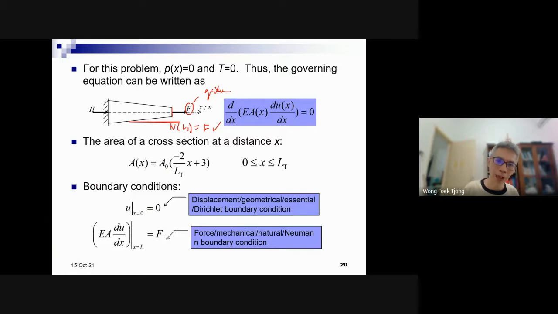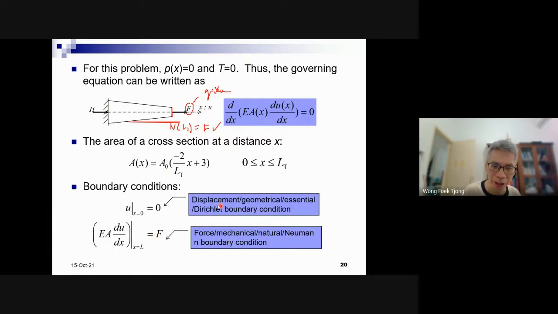So these are the boundary conditions. We have two different types. This one involves the primary variable. It is called the essential boundary condition, or displacement boundary condition, or geometric boundary condition, or Dirichlet boundary condition. Dirichlet is the name of a German mathematician. And the force boundary condition is also called the mechanical or natural boundary condition, and also the Neumann boundary condition.